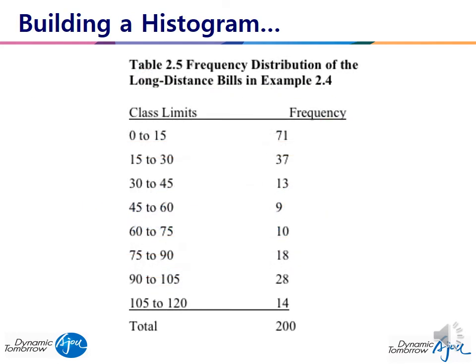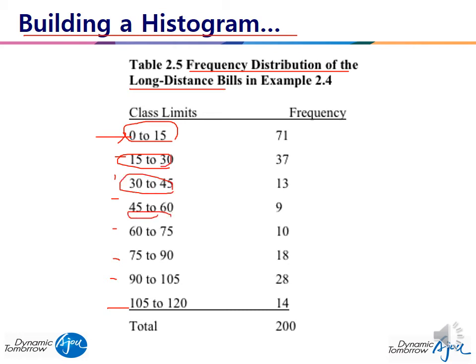Then finally we can create this histogram. Building a histogram: frequency distribution of the long distance bill. How many classes? 1, 2, 3, 4, 5, 6, 7, 8. And the interval is 15, the class width is 15. Then I'll count our data here.